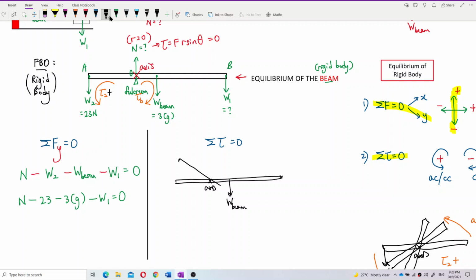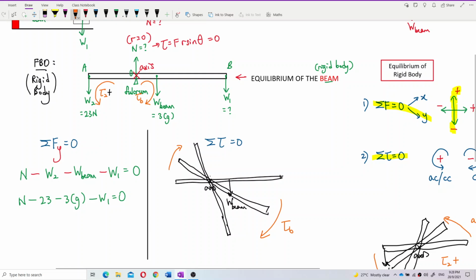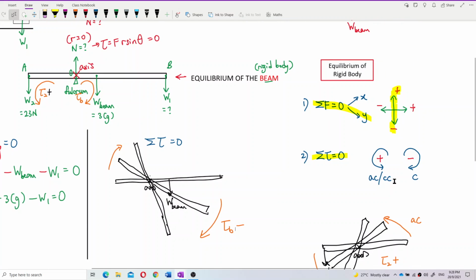It will become like this, and then like this. So it makes the object rotate clockwise. Do you see that? So the torque by the beam is clockwise, so it is a negative torque. For clockwise, torque is negative.